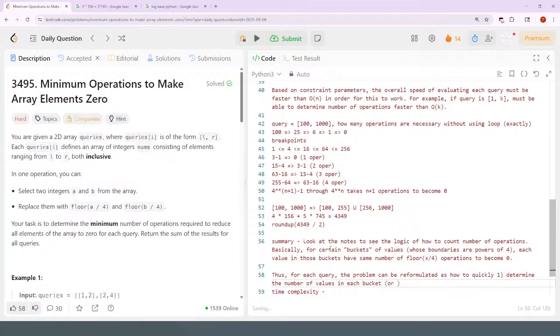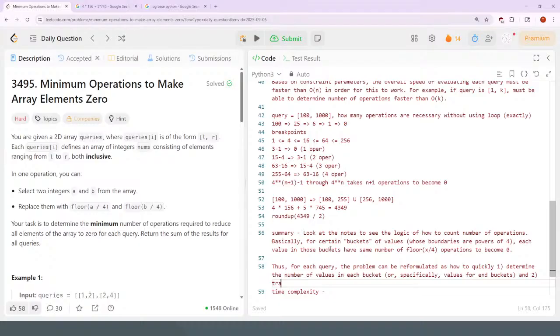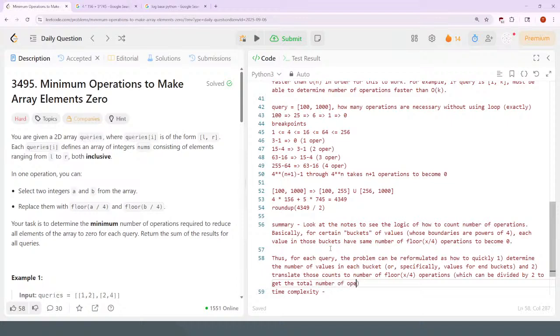or specifically values for n buckets, and to translate those counts to the number of floor x divided by 4 operations, which can be divided by 2 to get the total number of defined operations, since each operation has 2 floors.